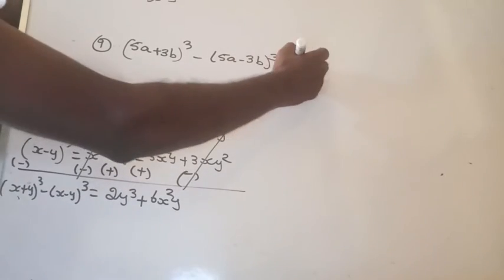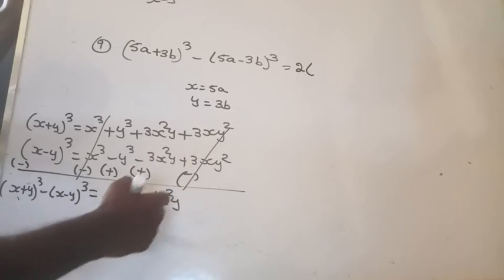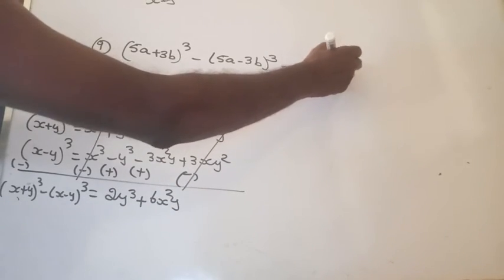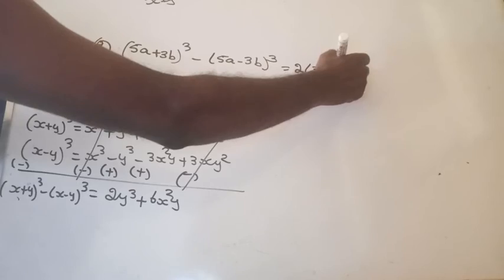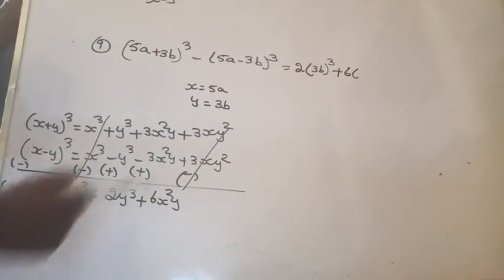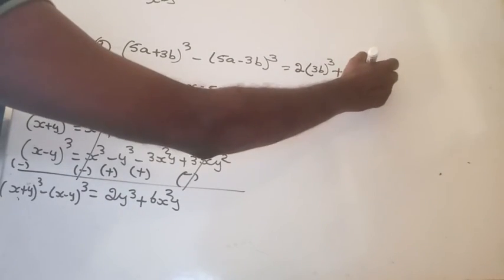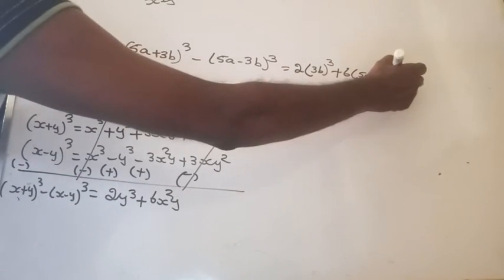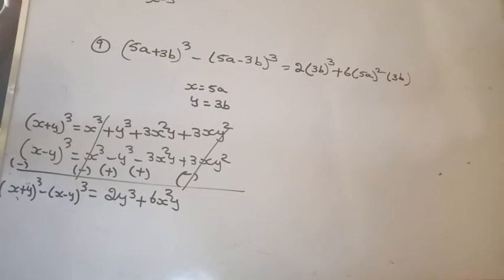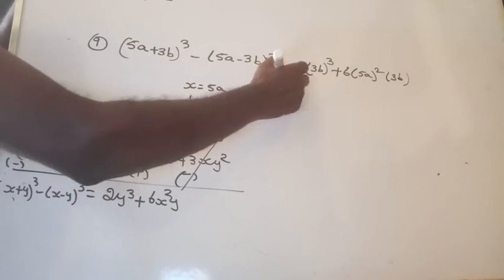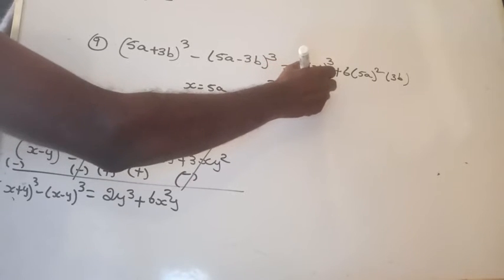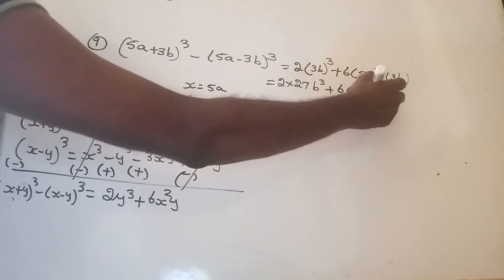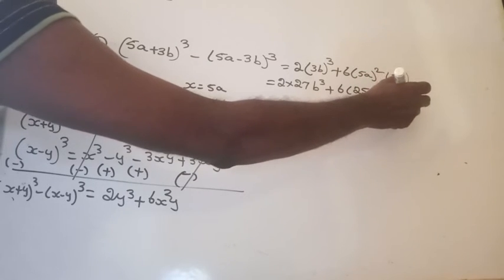That is 2 into 3b the whole cube plus 6 into x square, and x is nothing but 5a, so 5a the whole square, into y, which is 3b. That is 2 into 3 cube, 27, b cube plus 6 into 25 a square into 3b.